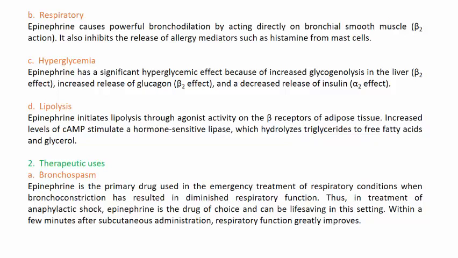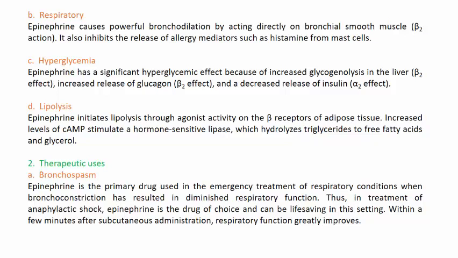Okay, so the therapeutic uses. It is used in case of bronchospasm. Epinephrine is the primary drug used in the emergency treatment of respiratory conditions when bronchoconstriction has resulted in diminished respiratory function.